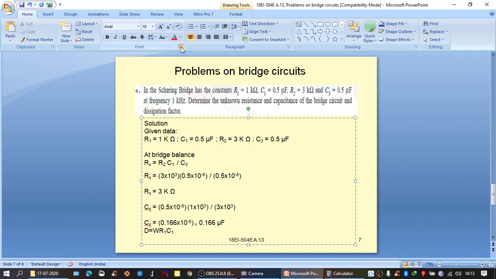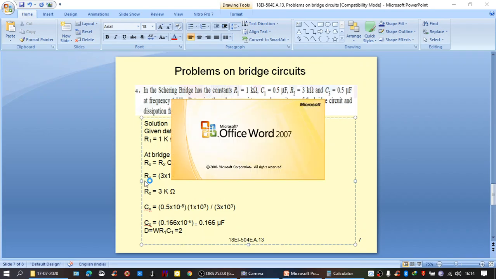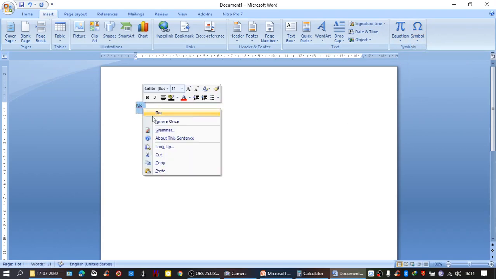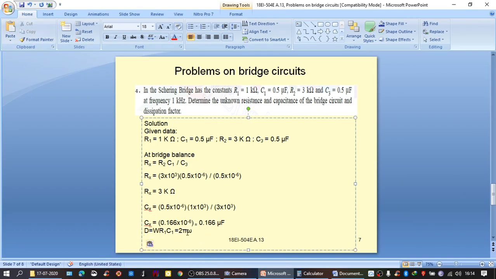Here, omega can be written as 2 into pi into F. So it is 2 pi F into R1 C1.